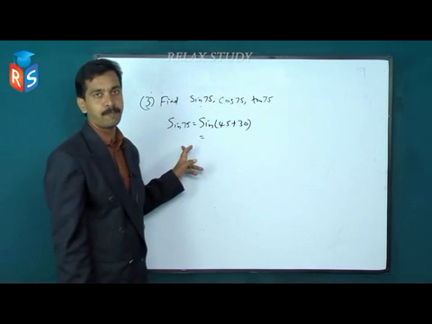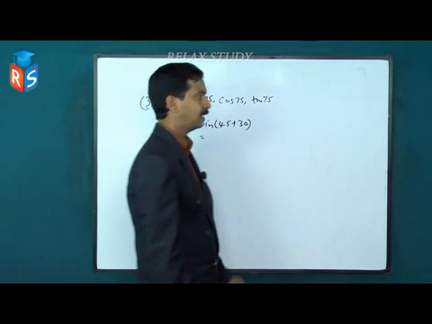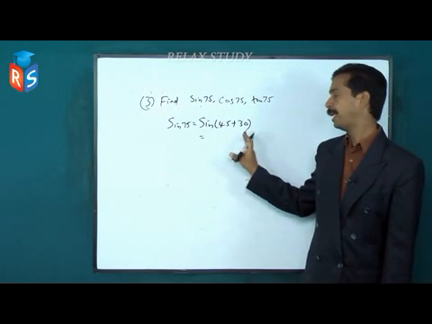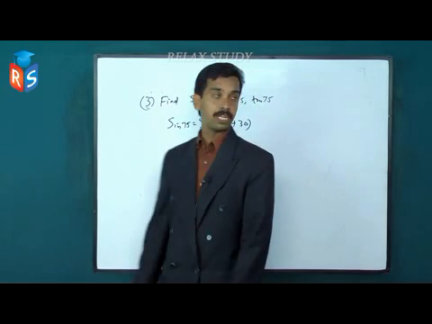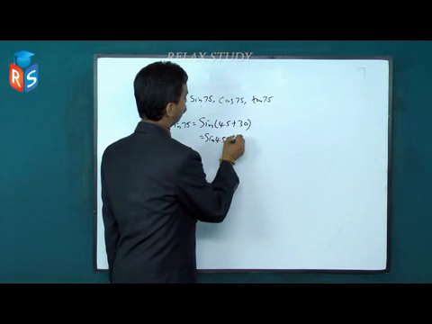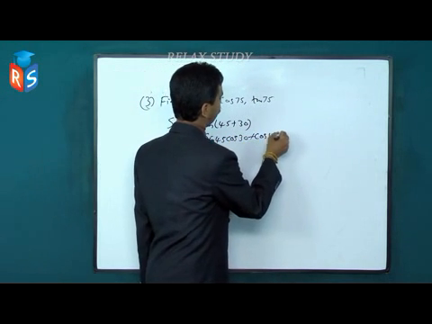This is of the form sin of A plus B. I told you sin of A plus B equals sin A cos B plus cos A sin B. Here A stands for 45 and B equals 30. So sin of 45 plus 30 equals sin 45 cos 30 plus cos 45 sin 30.